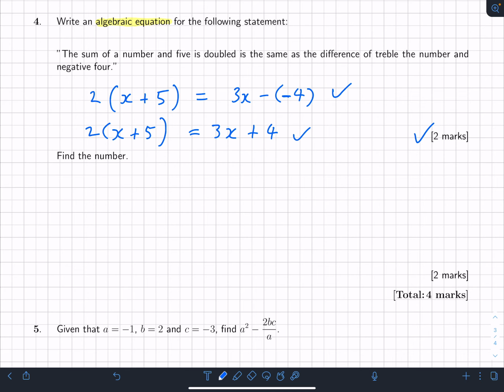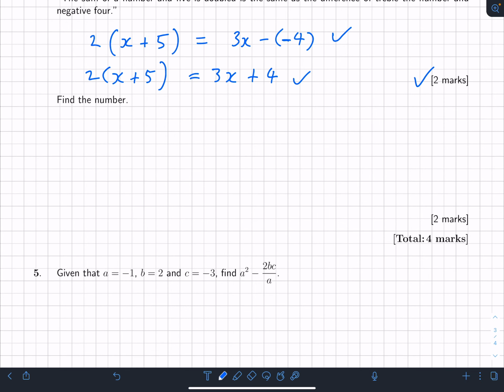Now we need to find that number. Okay. So how do we find the number? So I'll just rewrite the answer of the previous one. So 2 times (x plus 5) is equal to 3x plus 4.